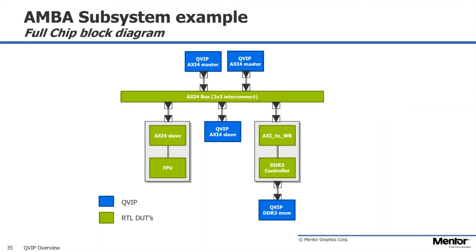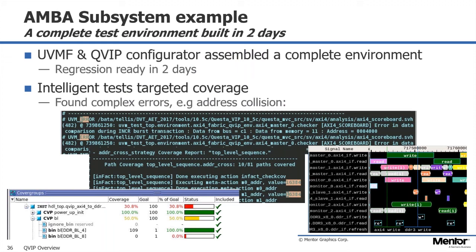So let's see. Example here. I've got this RTL in orange. I've got a few custom VIP blocks that I'm going to put out. I can go through the configurator. I can go through my UVMF template generator.